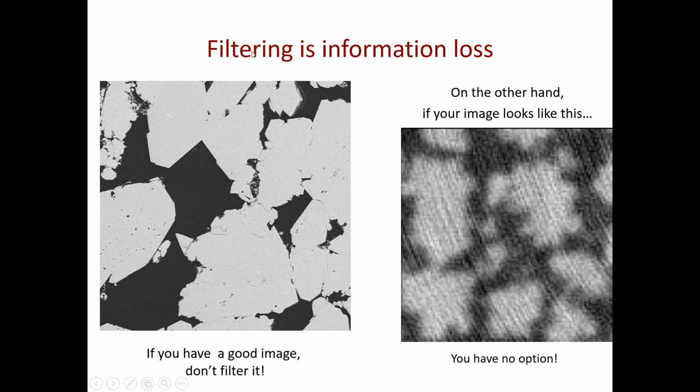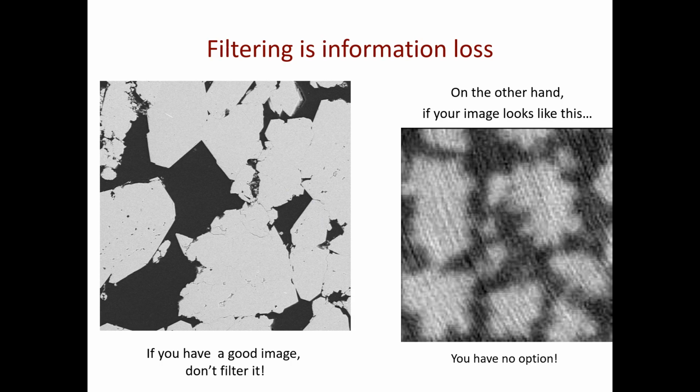So filtering in itself is information loss. We just want to lose the noise, right? But it's nevertheless information loss. If you have a very good image, and this is an example of a very sharp SEM backscatter image, then technically if you filter this, you're going to spoil it.